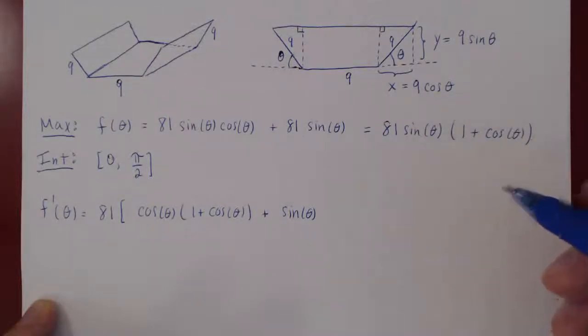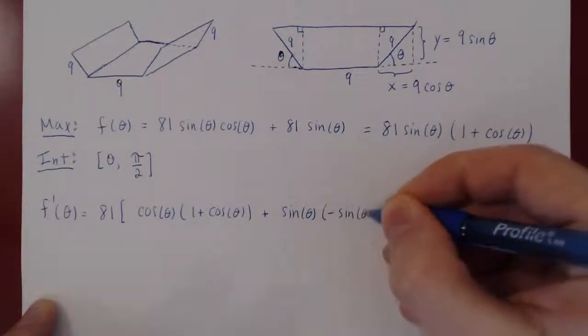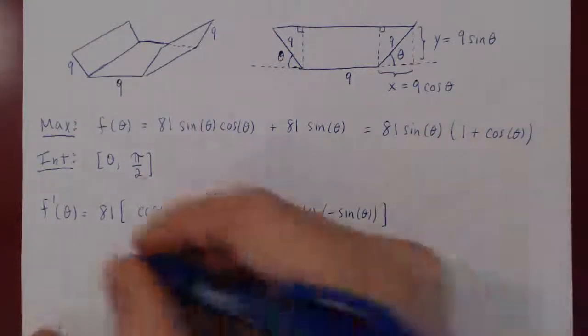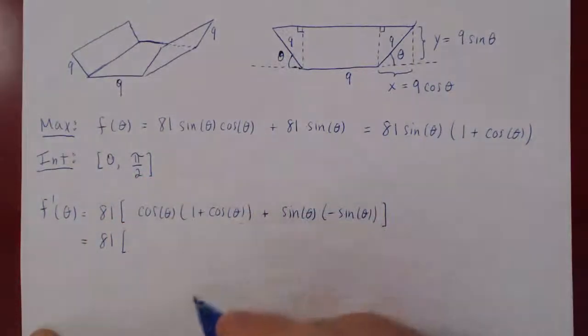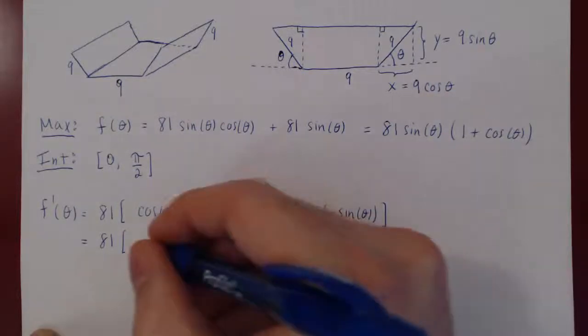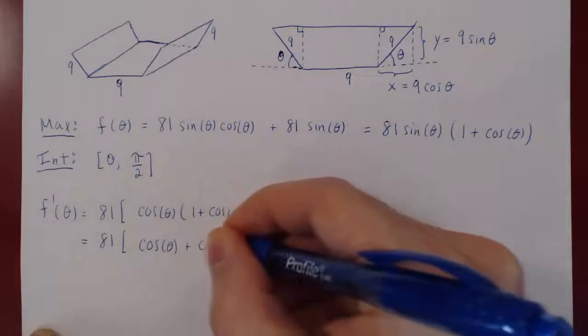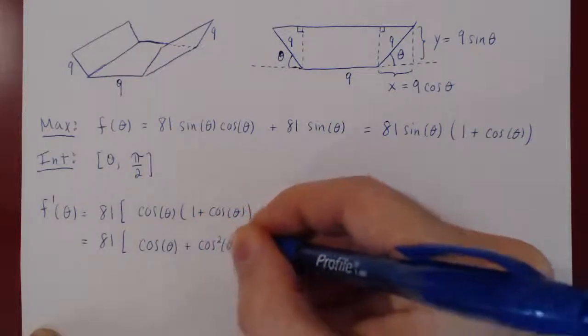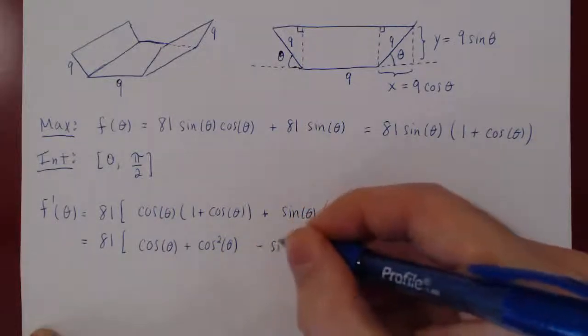Derivative of cosine is negative sine of theta. If you multiply across, you'll get cos of theta plus cos squared of theta minus sine squared of theta.